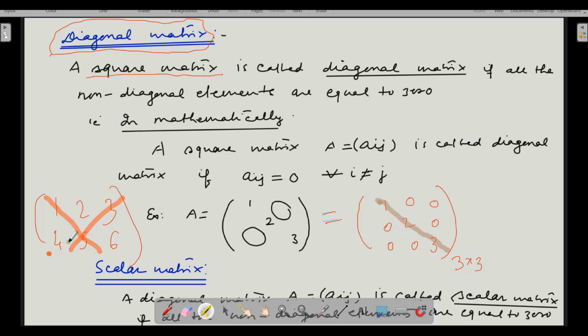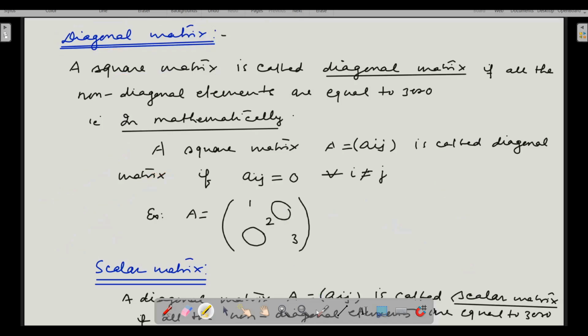So if the matrix is not a square matrix, the diagonal cannot be defined properly in the case of a rectangular matrix. That's why, in order to define a diagonal matrix, a square matrix is a necessary condition.